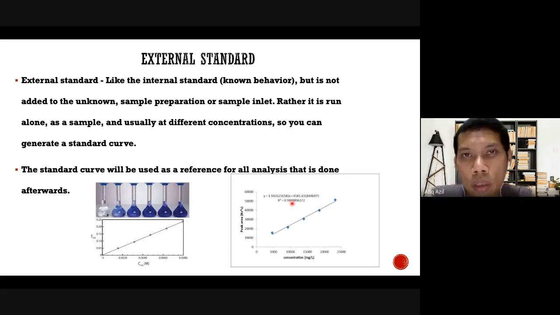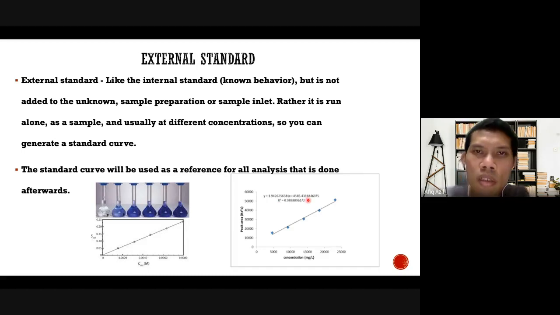Different references give different specifications. When I was working in the industry, my employer required the R squared value to be 0.99x, meaning 0.9901 and more, because the maximum value is 1.0.